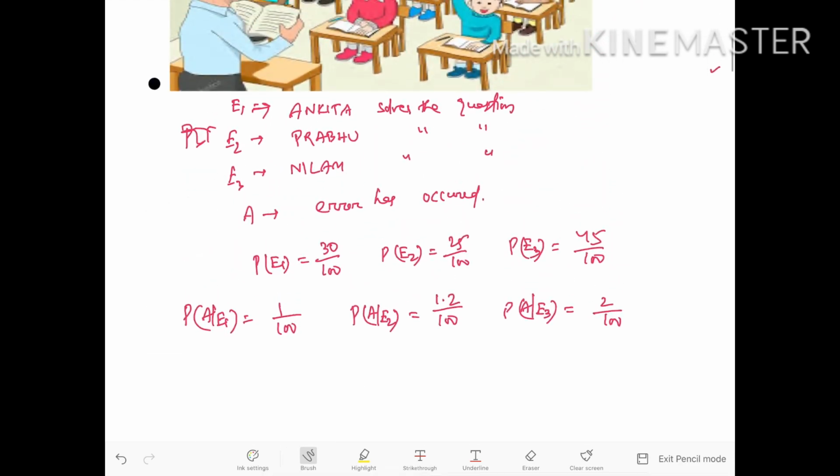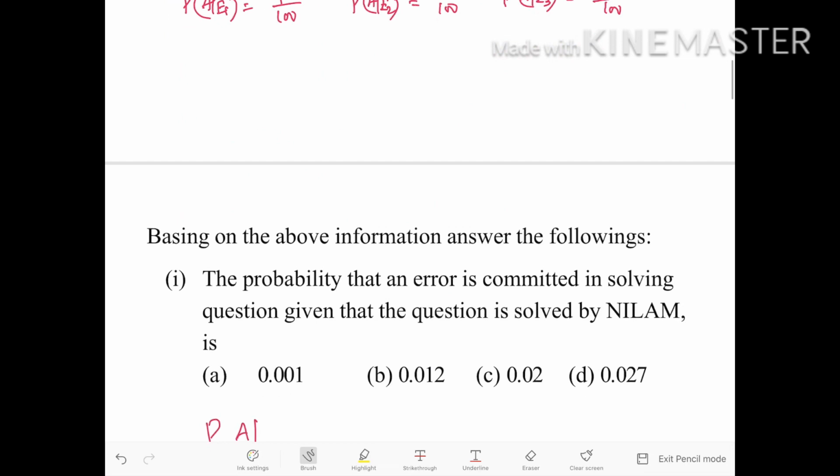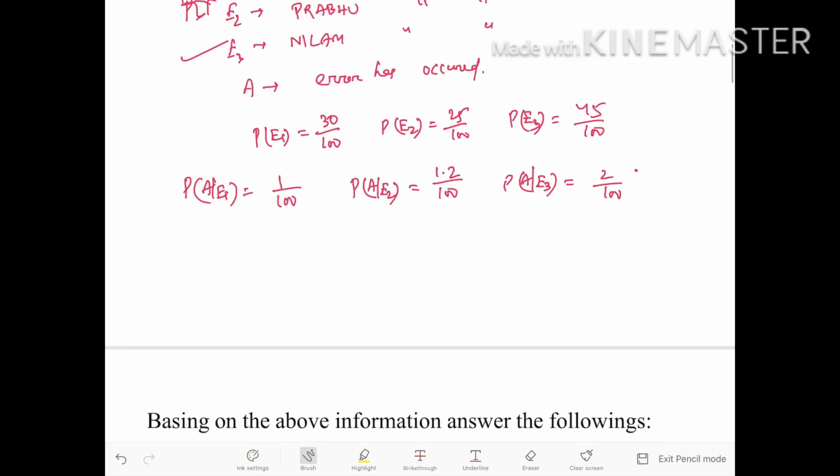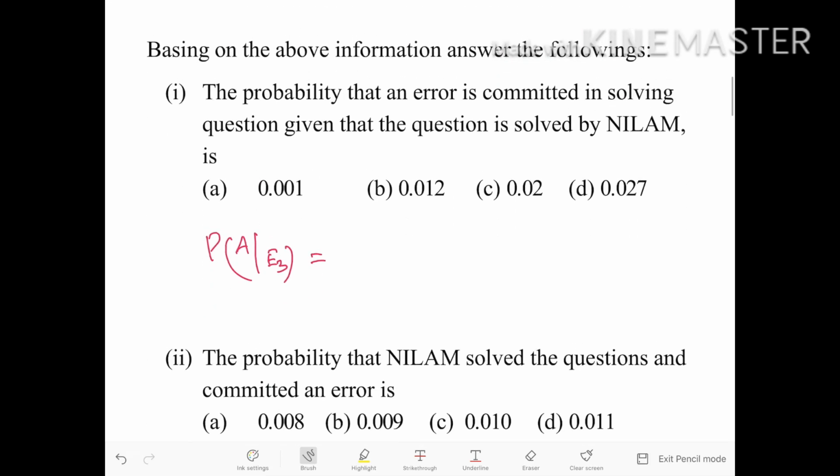If the question is solved by Neelam, the event is E3. That means we have to find the probability of A given E3, which is already given here. It is 2 by 100. So the answer for part 1 is 2 by 100, which means 0.02. So C will be the correct option.